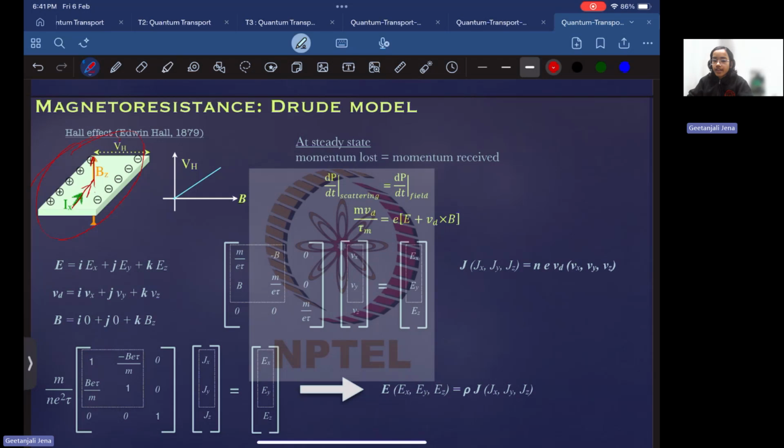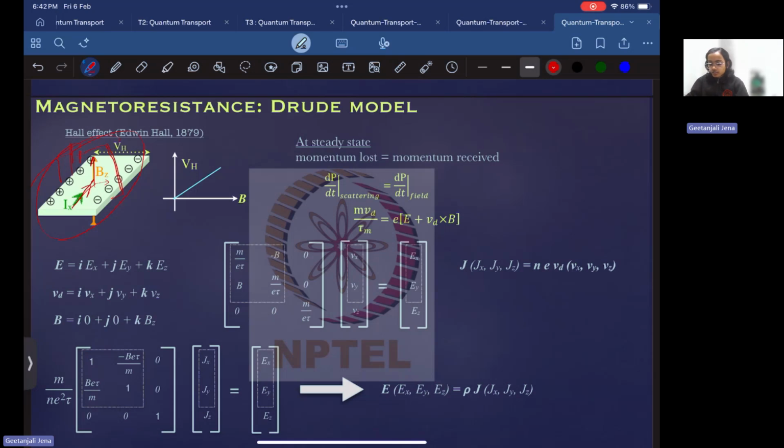This Lorentz force will deviate the path of the charge carriers, and because of this deviation, there will be charge accumulation on the edges of the sample. Because of this charge separation, we now have a voltage across the transverse direction. This voltage is nothing but the Hall voltage because of the applied transverse magnetic field.